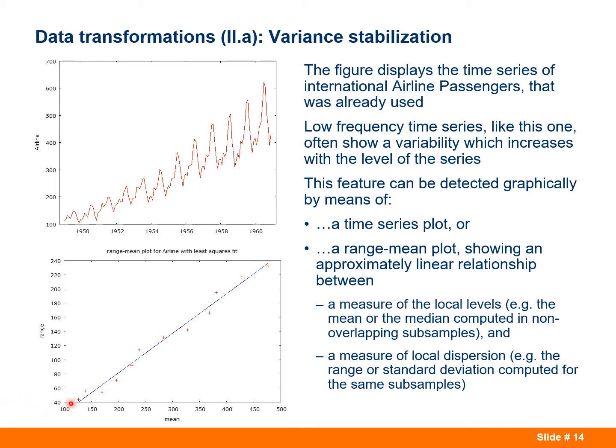As you can see, when the mean goes up, that is, when the time series moves up, the variability measured by the range also moves up. So Gretel kindly adjusted a regression line showing that the pattern between mean and variability is more or less linear.